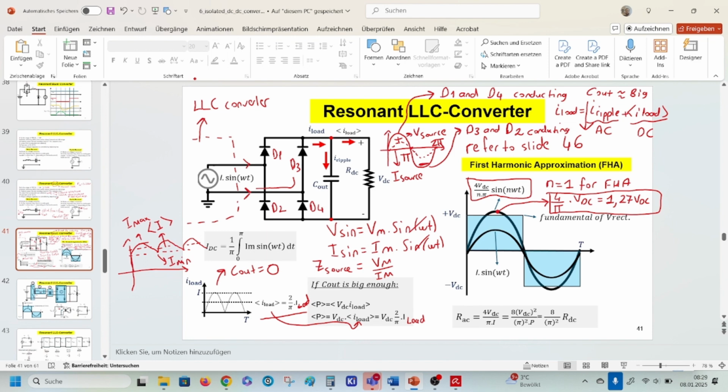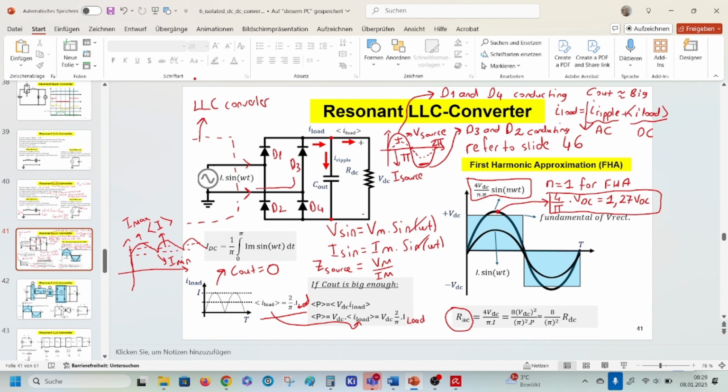And we said that in the input stage of my circuit, the full circuit, I use LLC converter. And this whole thing, I can show this circuit as a sine or as an alternating resistance.